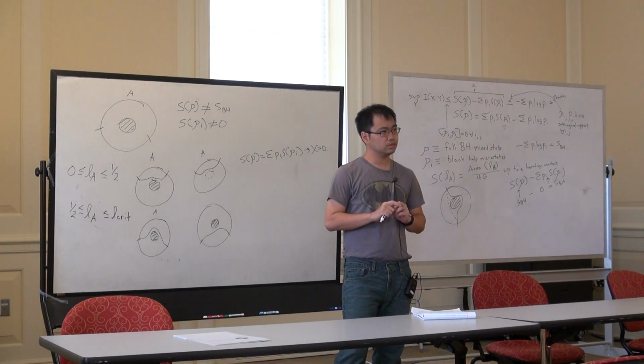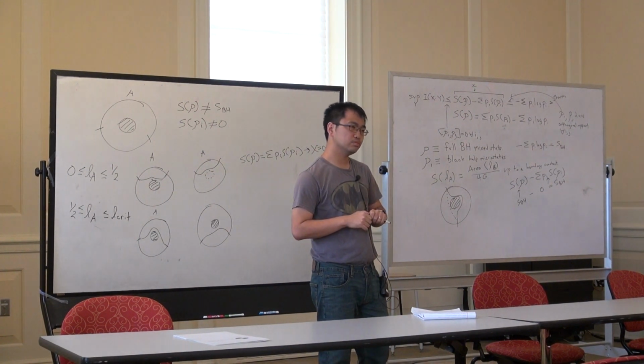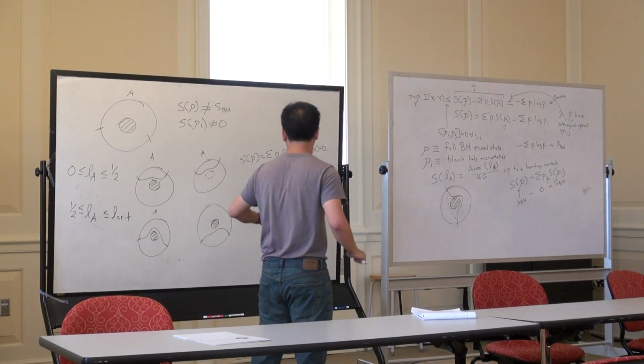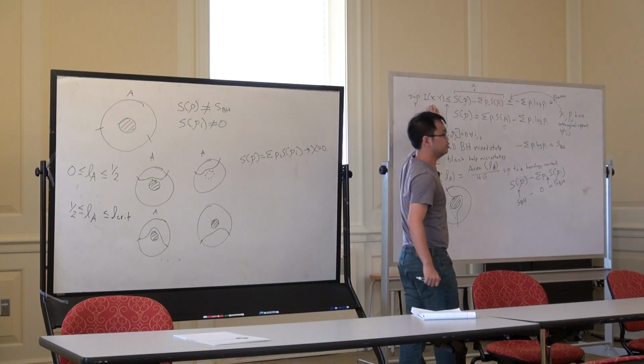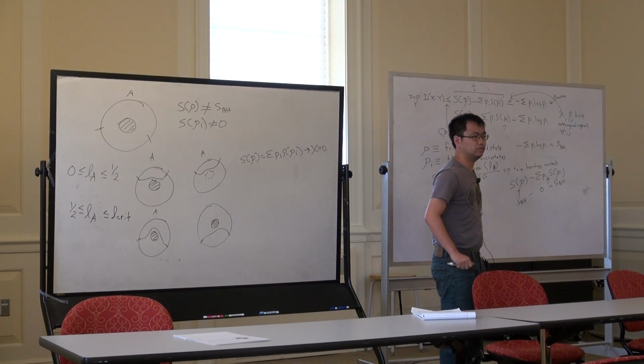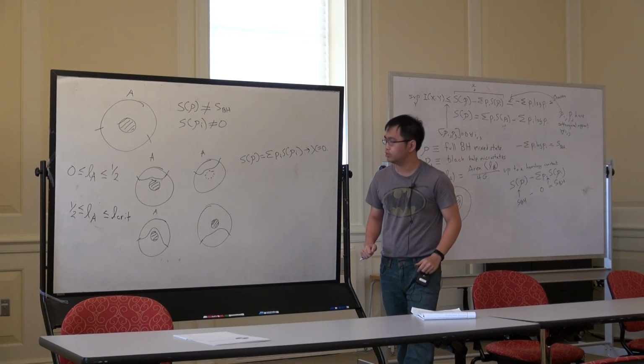Oh, so no measurement can tell them apart with any probability. That's right. So there's no possibility of distinguishability. Because again, this Holevo information is the upper bound on the accessible information. And it's 0, and this is non-negative. So the accessible information by definition must be 0.